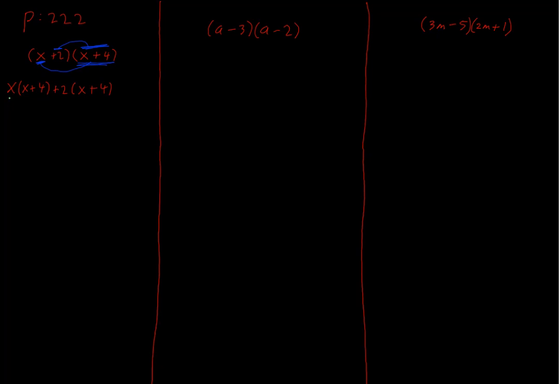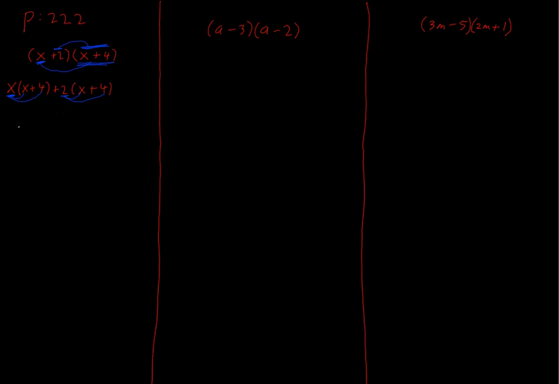We're going to multiply it by each thing inside. We've already done a bunch of these questions. So we're going to have x multiplied by x and x multiplied by plus 4 and 2 multiplied by x and 2 multiplied by plus 4. So once we get to this line, it's what we already know. Getting from here to here is the only new thing we're dealing with.